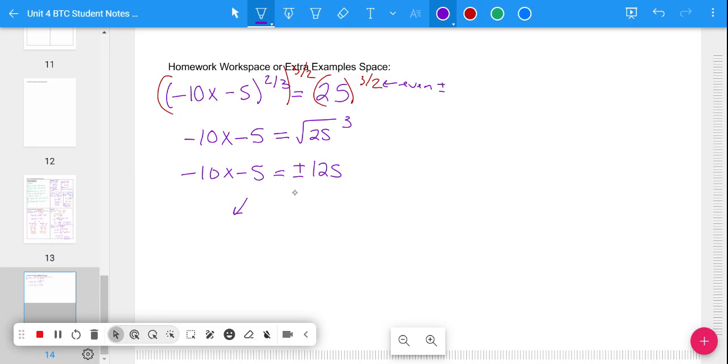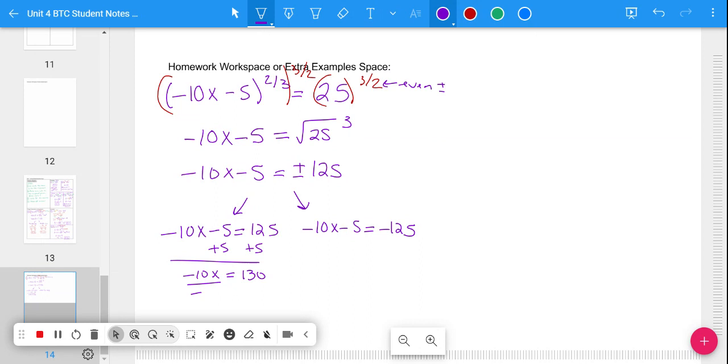So I'm going to set up my two equations. So I would add 5 and divide by negative 10. Add 5 and divide by negative 10. And those would be our two solutions.